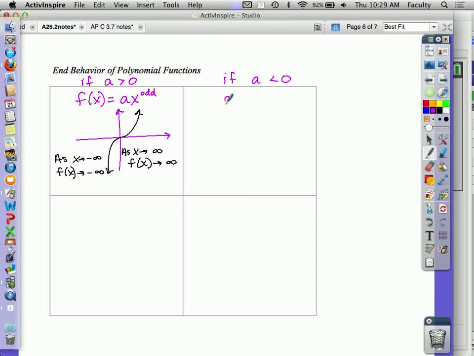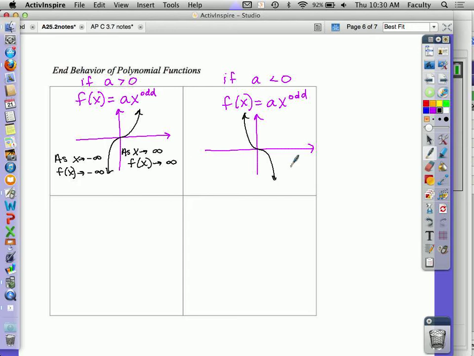Now if a is negative, and I have ax to the odd, that reflects it, and so we get a graph like this. And I've had a student once say, oh, like a snake, and it helped them to remember. So if that's a visual that would help you, x cubed or x to the 5th, the odds maybe look like a snake.